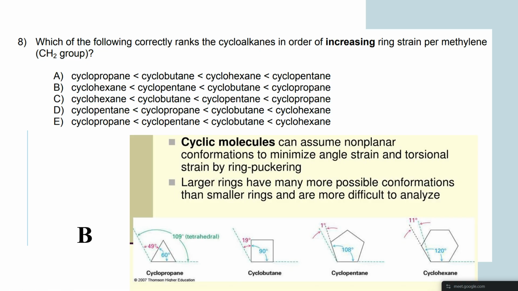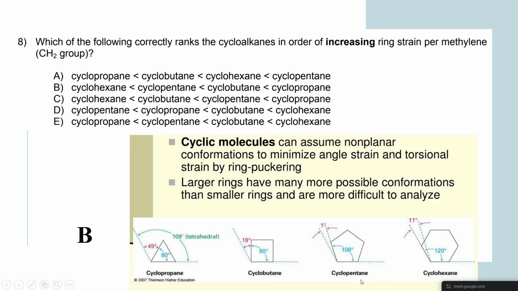Then if we move from 4-membered to 5-membered, that is cyclobutane to cyclopentane, the angle of the ring moves closer to the ideal tetrahedral angle, and it will differ only by 1 degree. Hence, cyclopentane will have even lower ring strain.